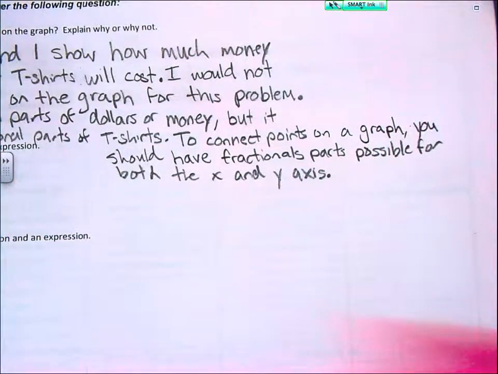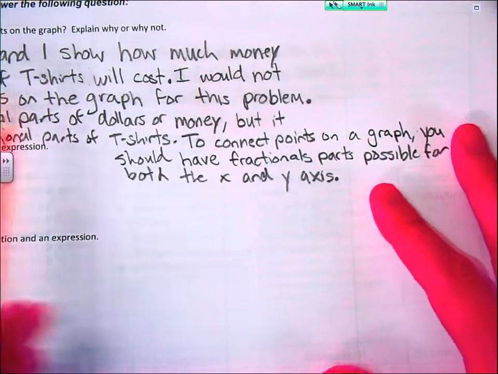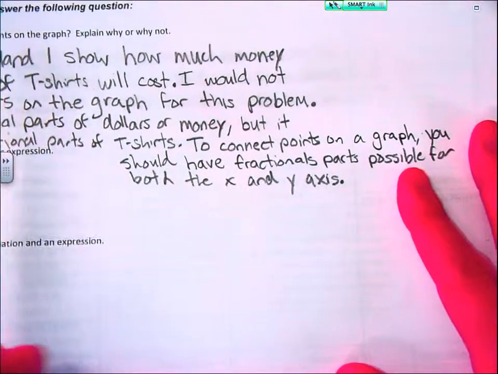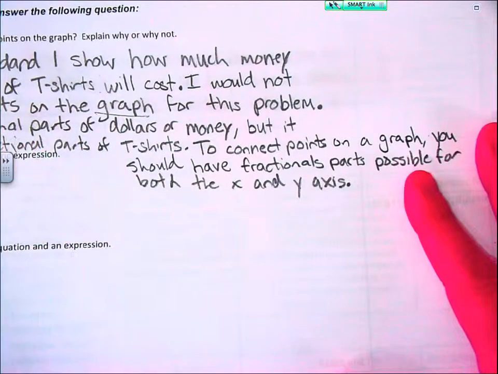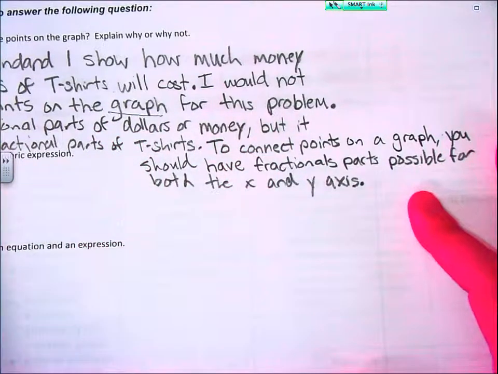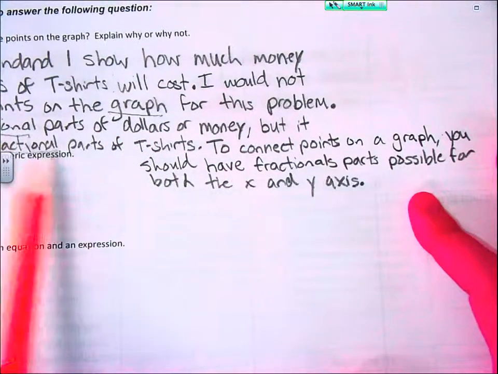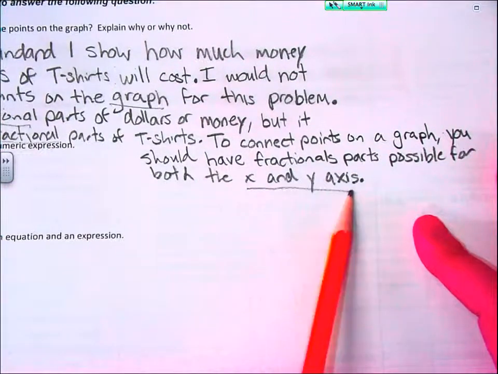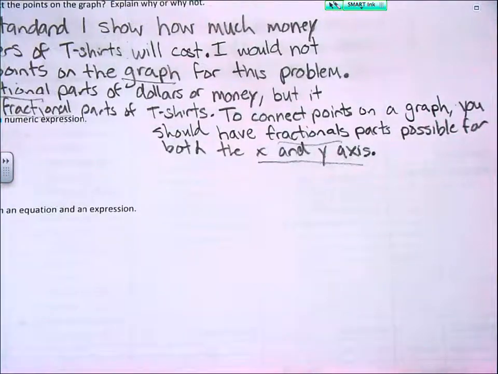As I reread it the first time, some of you are doing this consistently. I'm using the word graph, which is kind of a math term. I'm using fractional parts, and then I use the x and the y axis. I'm just keeping track of what I'm using there. And then I want to go back later and say, is there anything else I can add?